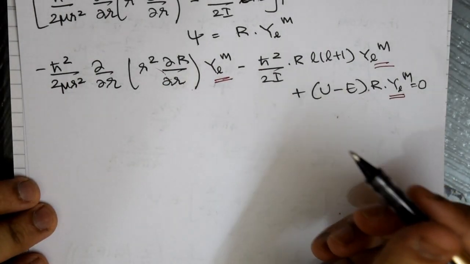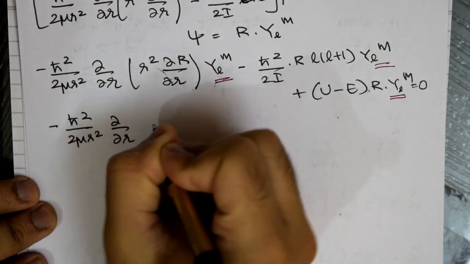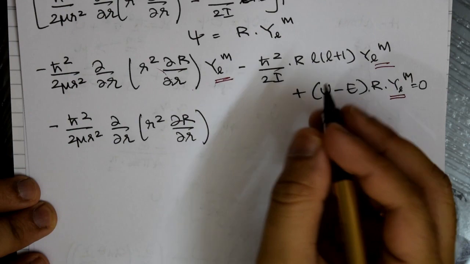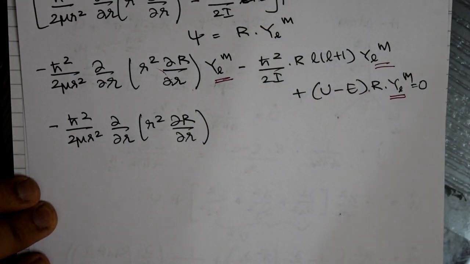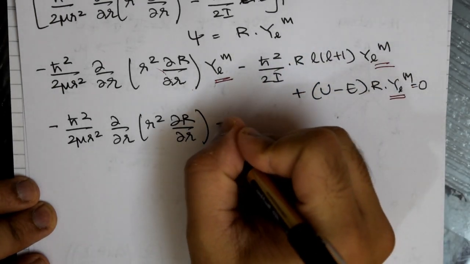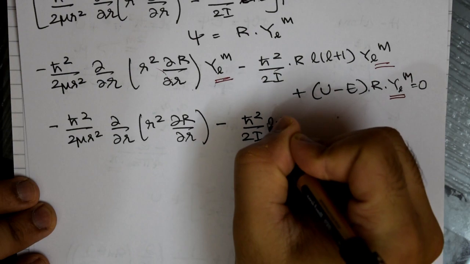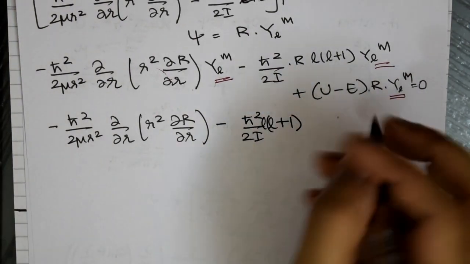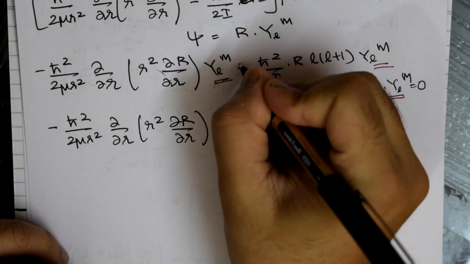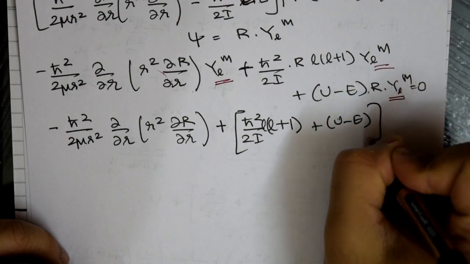So therefore what ends up happening, you have this reduced to minus h cross square dou by dou r square dou R by dou r, minus h cross square by 2i L into L plus 1, so sorry that's minus h cross square, and the final sum that will come up will be plus U minus E times R equal to 0.